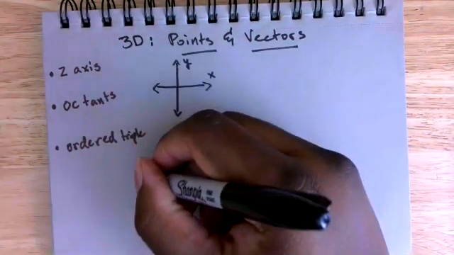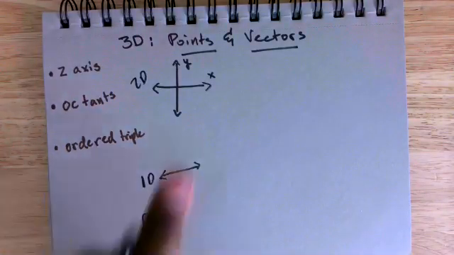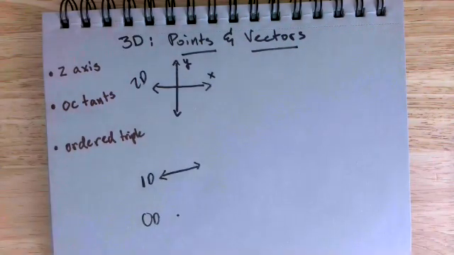2 dimensions has length and width. So I can have area now, right?